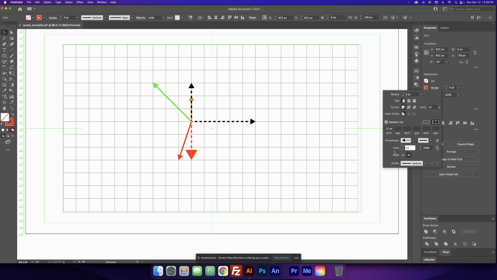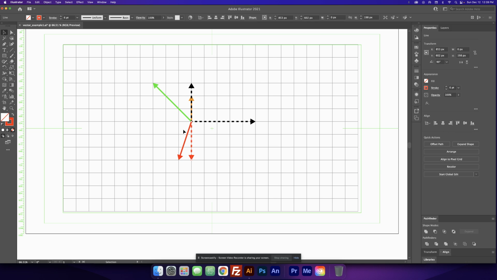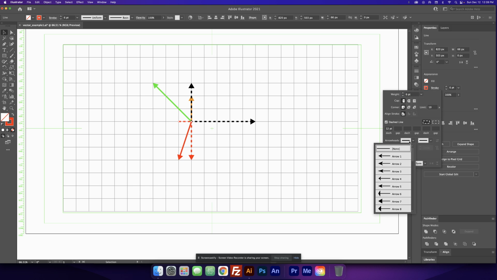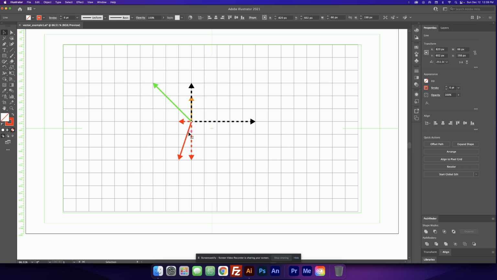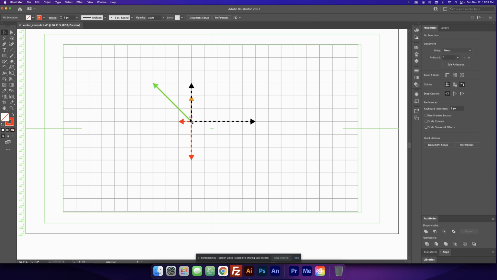Sure wish it would hold on to those preferences. Now we'll do another line here, with an arrowhead, 50% normal size. Now that this angled vector has been broken up into its x and y components, we can get rid of it because it essentially exists in the form of x and y components.